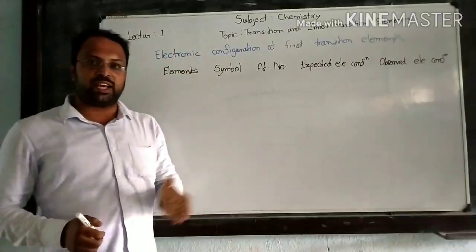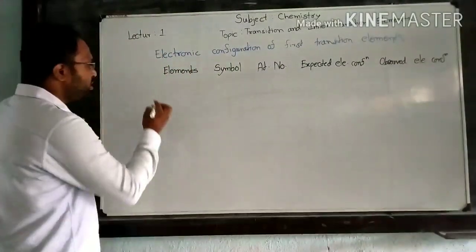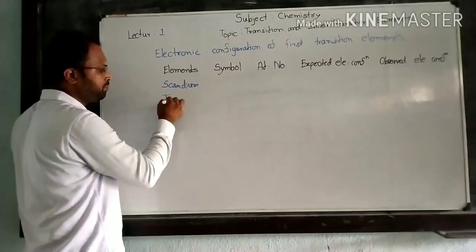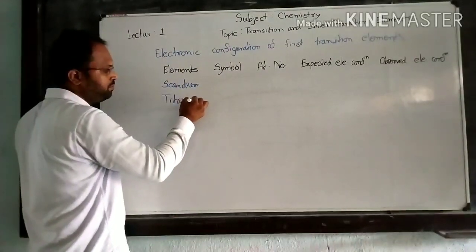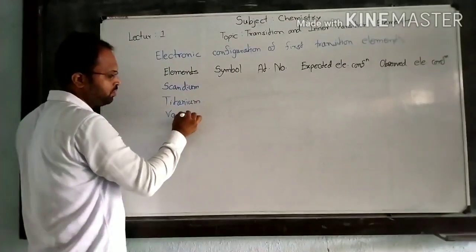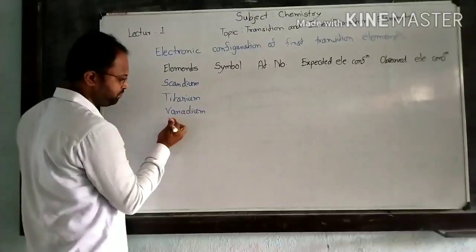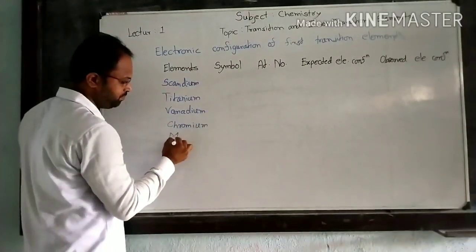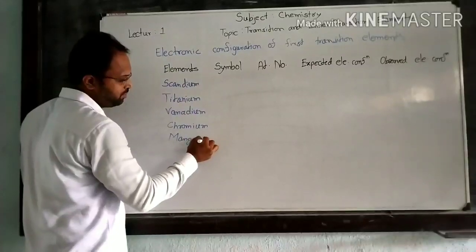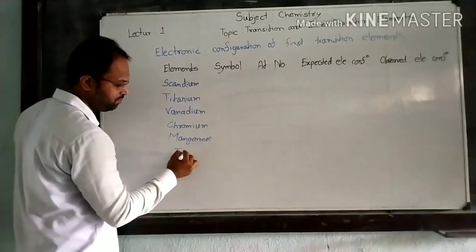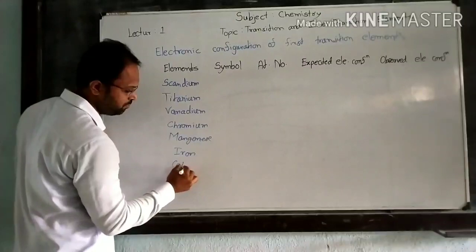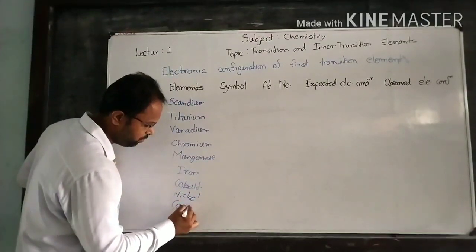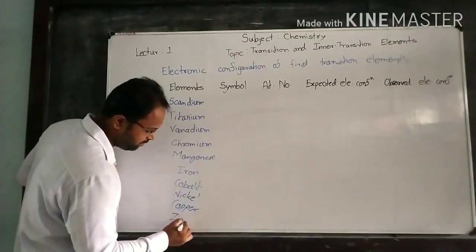In the series there are 10 elements: scandium, titanium, vanadium, chromium, manganese, iron, cobalt, nickel, copper and zinc.